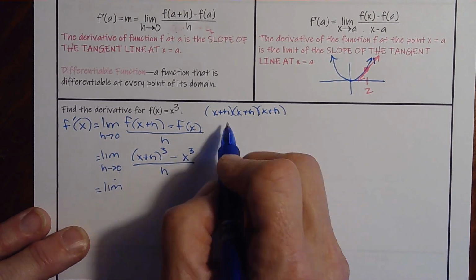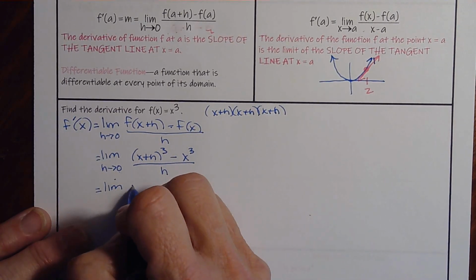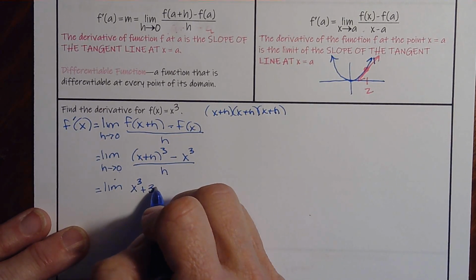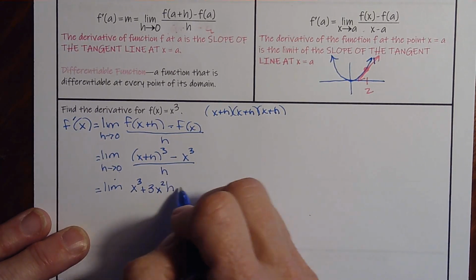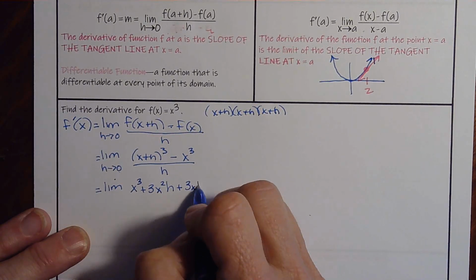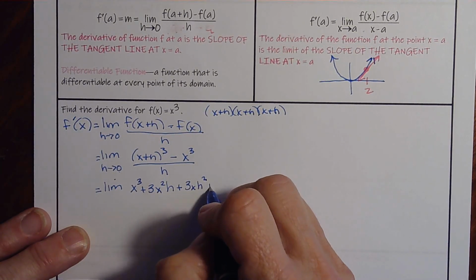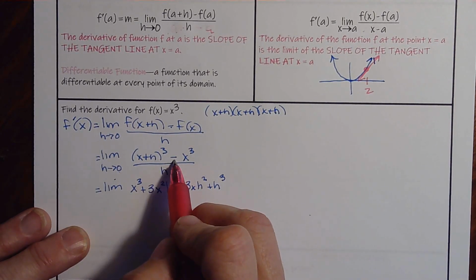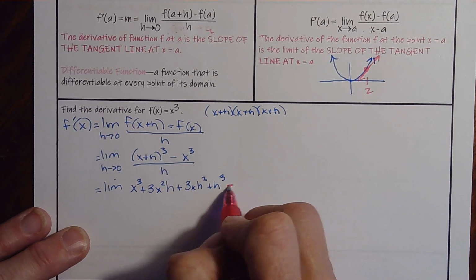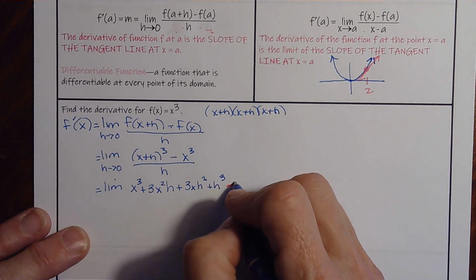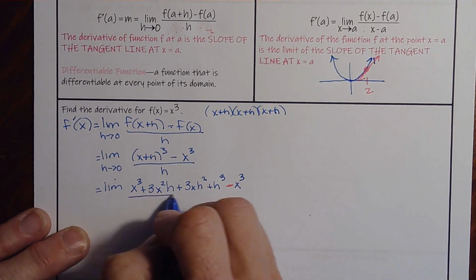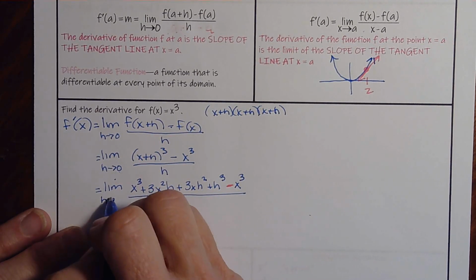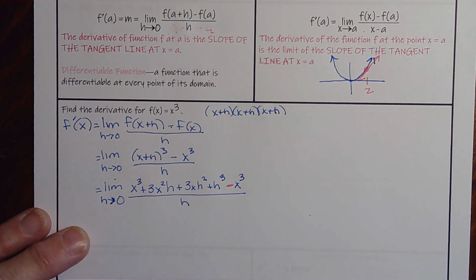But the result of multiplying all 3 of those together is actually x cubed plus 3x squared h plus 3xh squared plus h cubed, and I need to subtract x cubed, and all of that's over h, as h approaches 0.